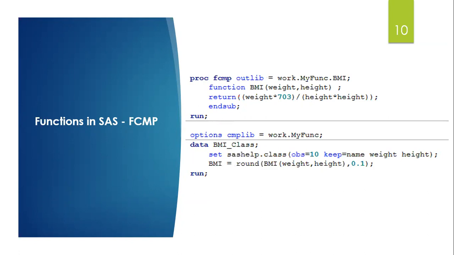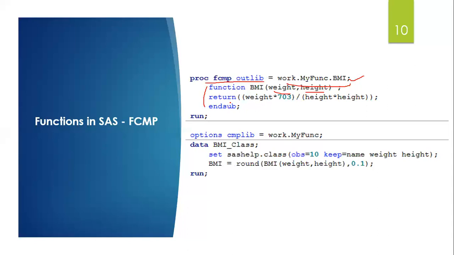Look at this PROC FCMP. We are using PROC FCMP, and our library is this. We are saving that in this location, and just like every other language, we are defining the function here. Function BMI, and the parameters here, weight and height. That's what we need to pass whenever we call this function.